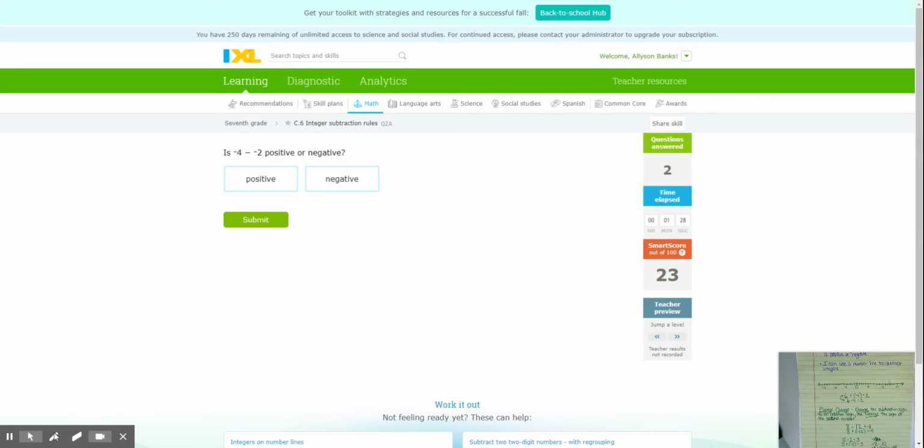Now look at this one. We have negative 4 minus negative 2. Well, when you take away a negative, that's adding a positive. If you take away something negative in your life, typically positive things happen, right? Same thing with math. Take away a negative is adding a positive. So negative 4 plus positive 2.